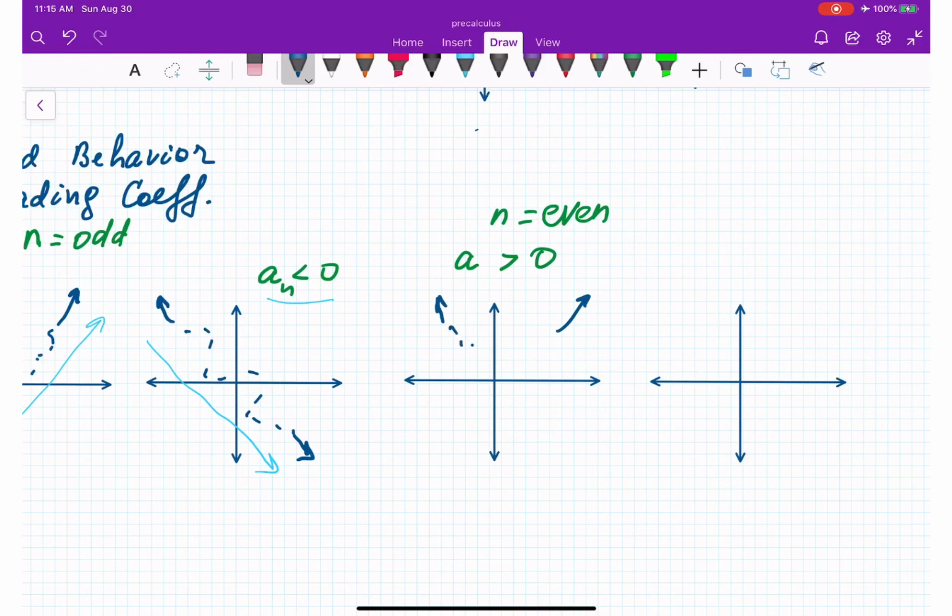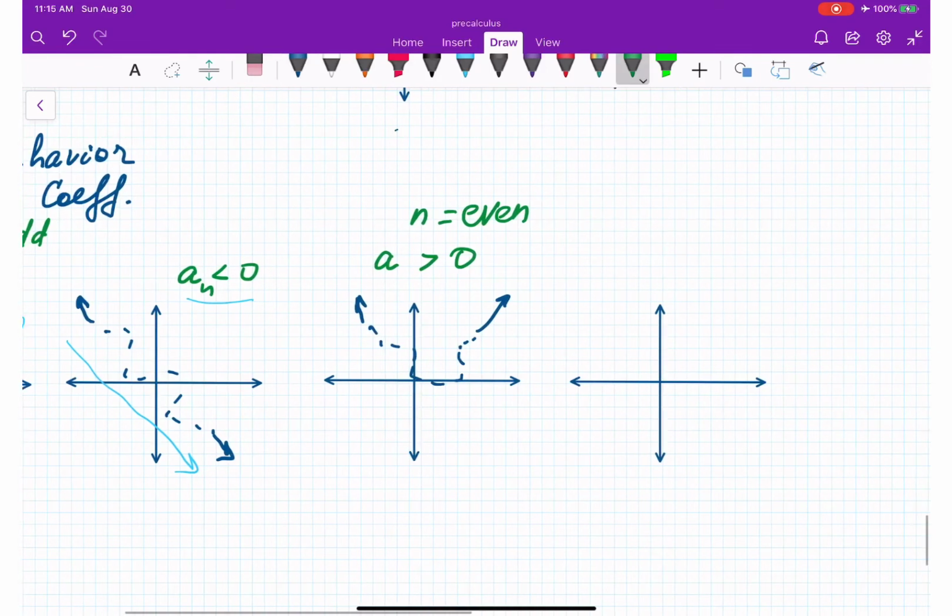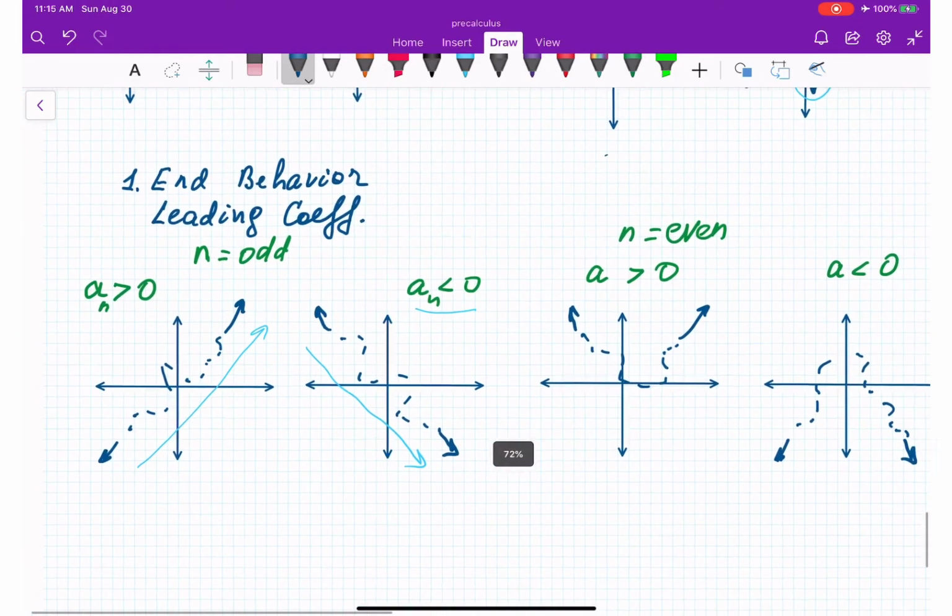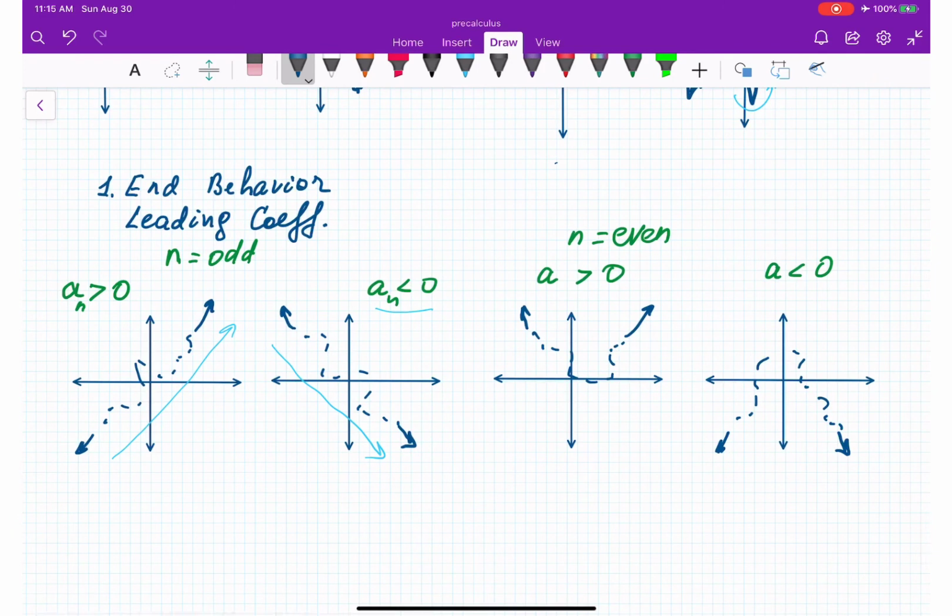And the graph is whatever is in there. And if the leading coefficient is less than 0, then both ends are looking down. And in the middle, the graph is whatever it's going to be. So this is our template, the first step. Okay, so let me bring an example. Let's do a couple of examples here.